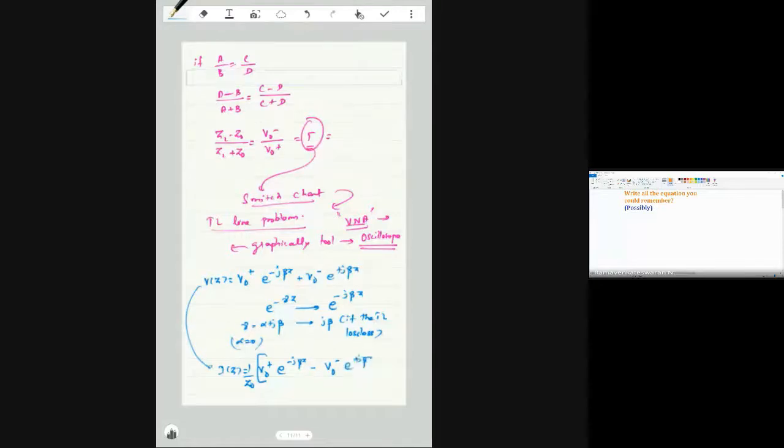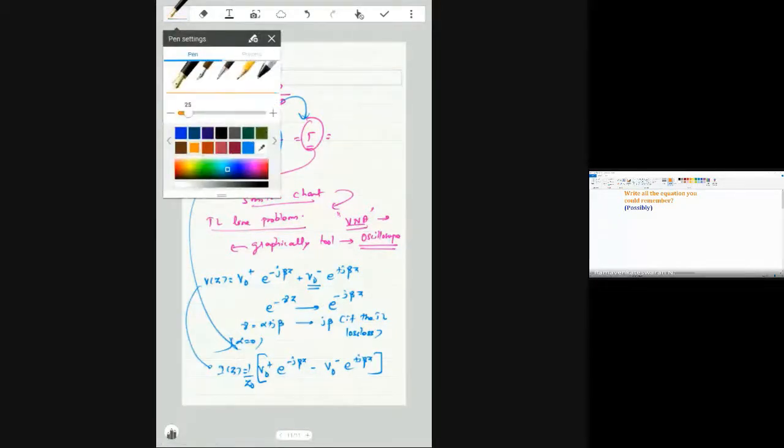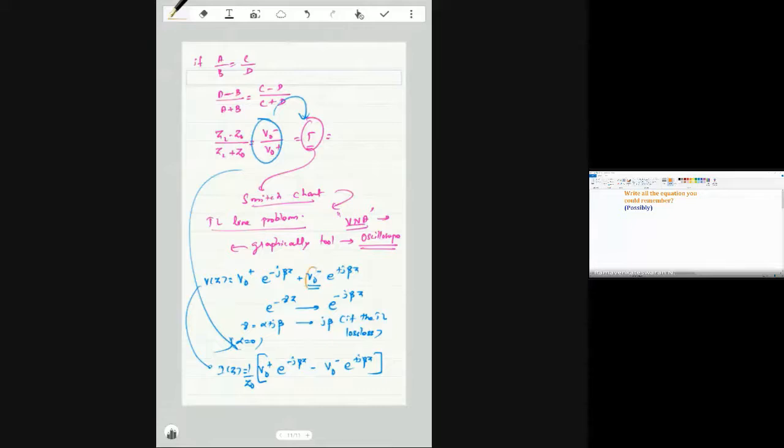Once I know this, can I use this relation here? From the voltage, I'm going to take V naught minus outside.